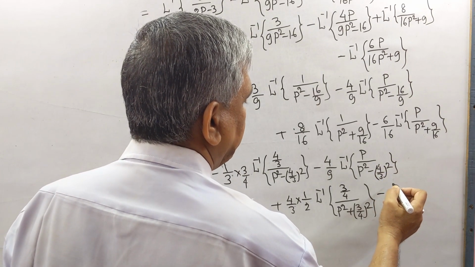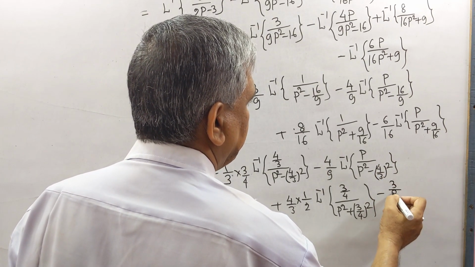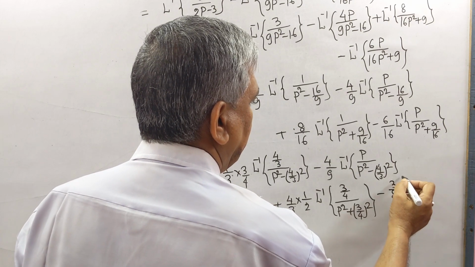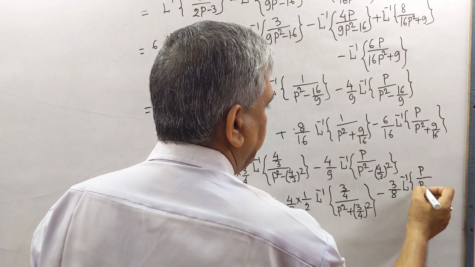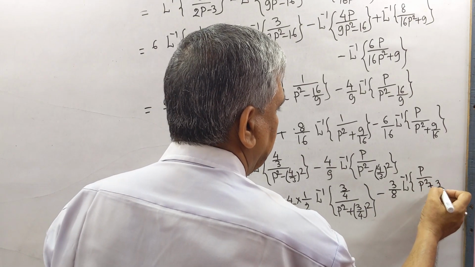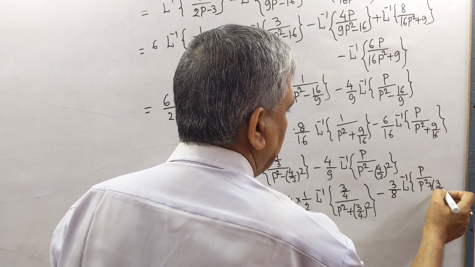Here we write 3 by 8 L inverse p by p square plus 3 by 4 whole square.